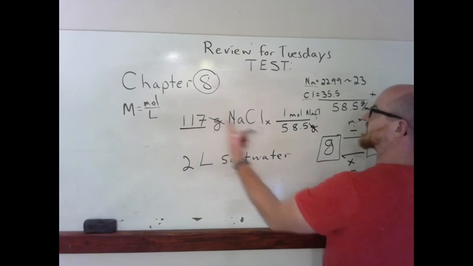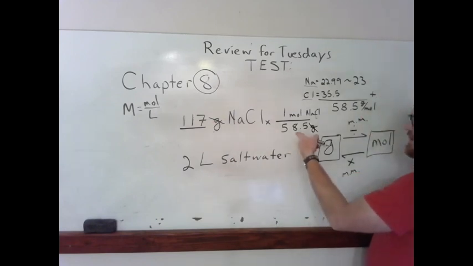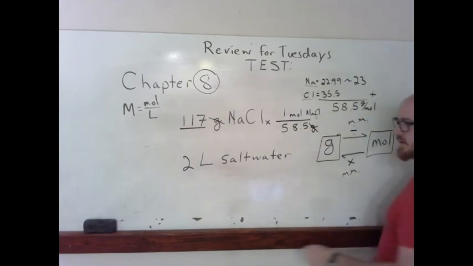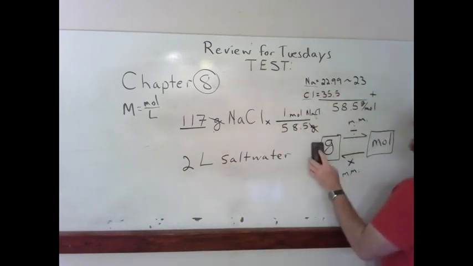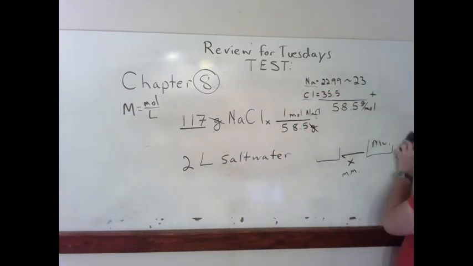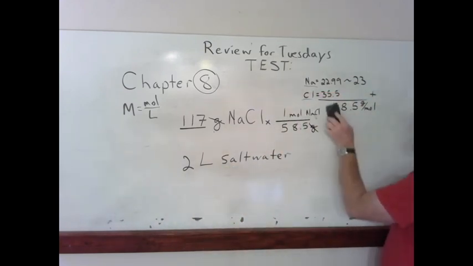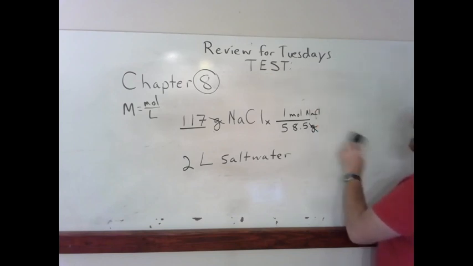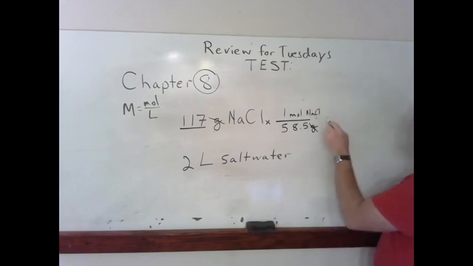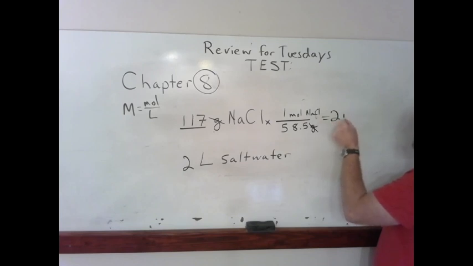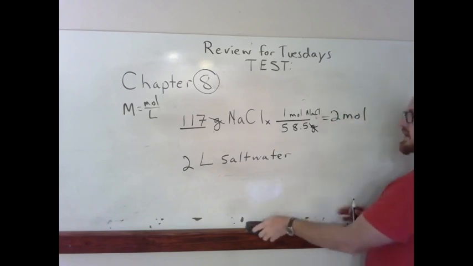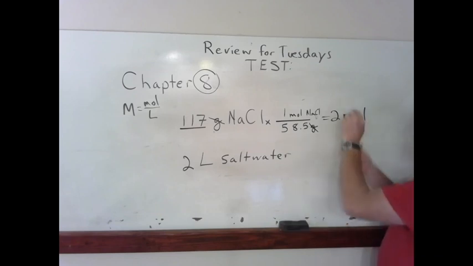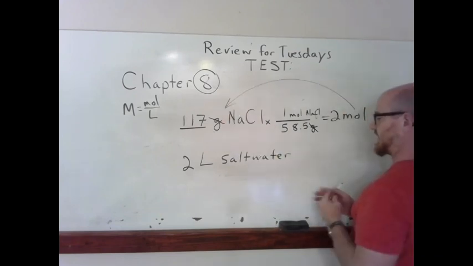And 117 divided by 58.5 is going to be, hope you wrote this down, if not, rewind the video. What we get as a final answer here is 2 moles of salt.